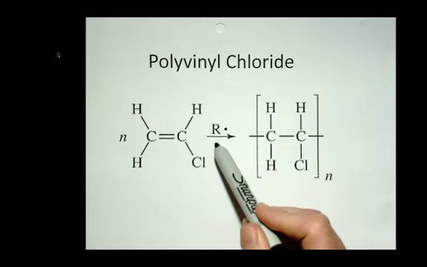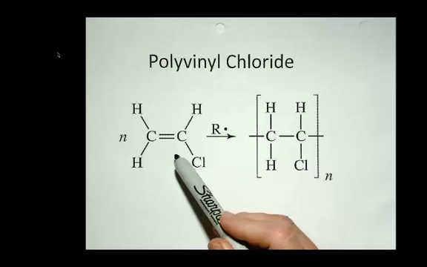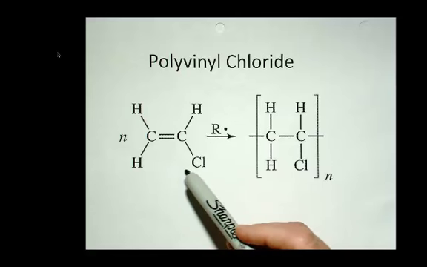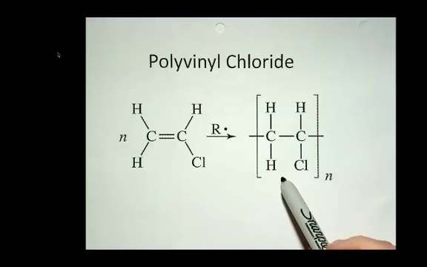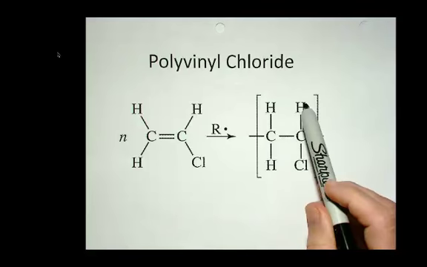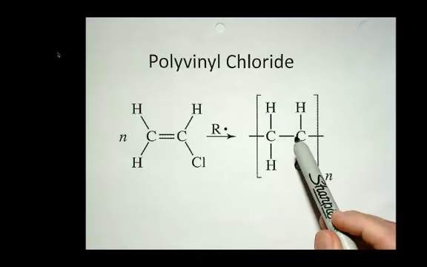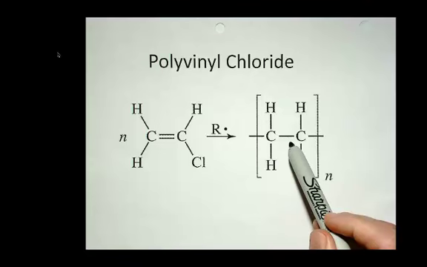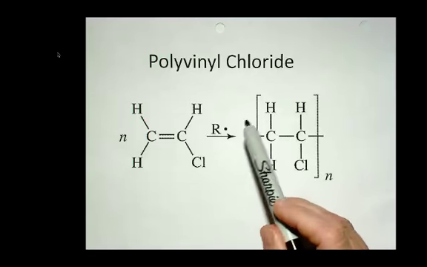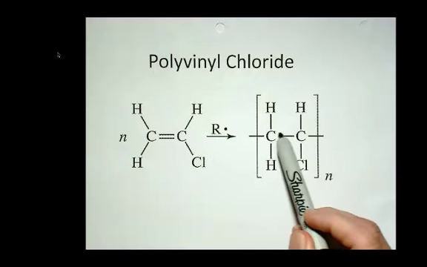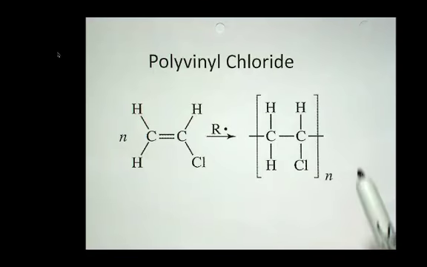Sometimes that's done because it's such a small amount of the initiator compared to the actual amount of monomer. And you end up with N units of this monomer unit. And again, you can see that the double bond has gone away. On one end, it's going to be bound to the R, and on the other end, it's just going to be bound to more and more monomer units.